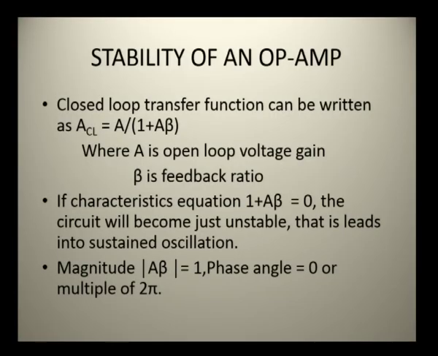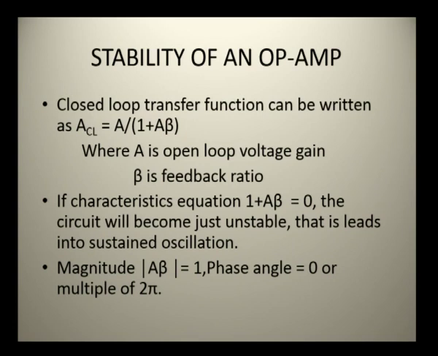So, if any 2 capacitances are present in the internal circuit, then these capacitance effects will give you a minus 180 degree phase shift. So in total the phase shift is 0 or 360 degrees. This is one of the conditions for oscillation. And if the closed loop gain is greater than the open loop gain, or A beta is negative, by this characteristic equation we can say that 1 plus A beta is equal to 0, then A beta is equal to minus 1.